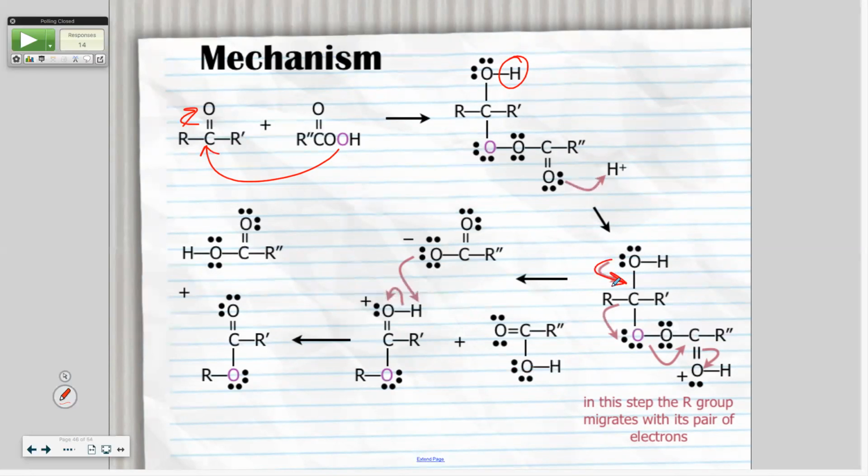We go down, and this is migrating, and then this is leaving. The R group is migrating with its pair of electrons. Because it's got that pair of electrons with it when it migrates, that's how come the stereochemistry remains the same. This is just a proton transfer. So you see how we ended up down here.